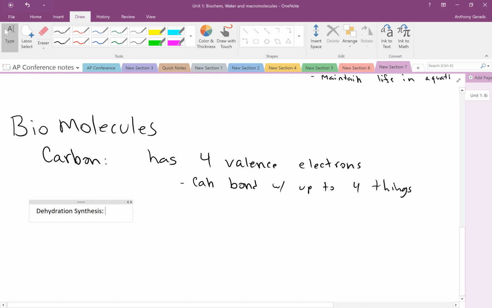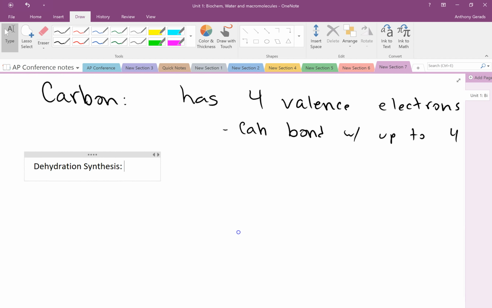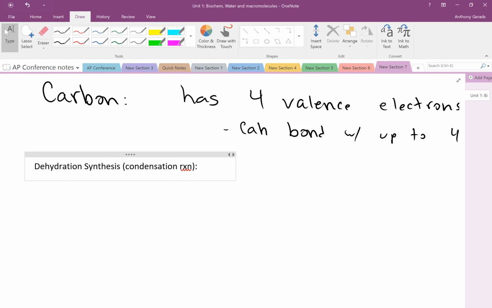I'm just going to type these because I realize my handwriting is trash. So dehydration synthesis is also known as a condensation reaction. Because you might hear it in different terms. Sometimes some textbooks use condensation, sometimes they use dehydration synthesis.